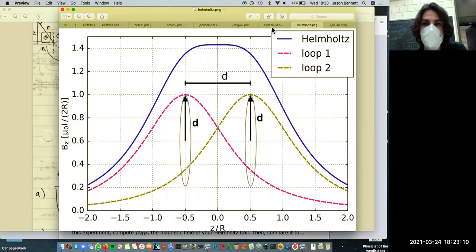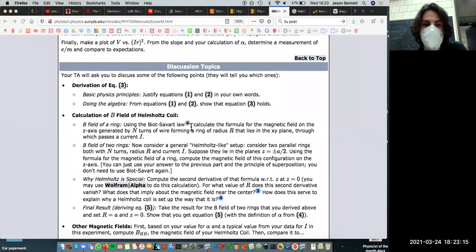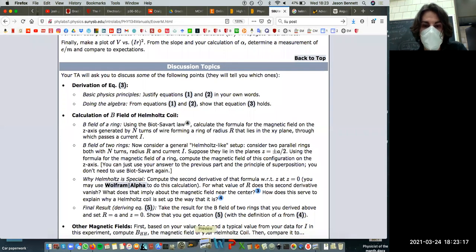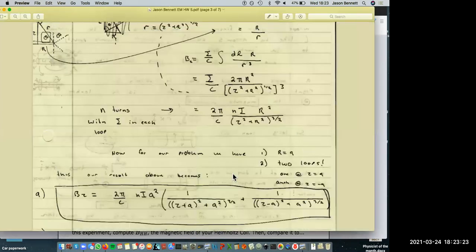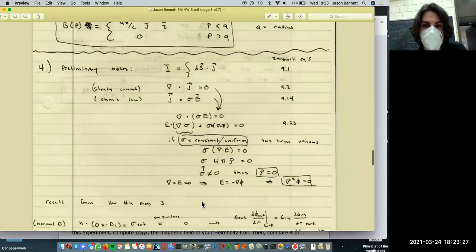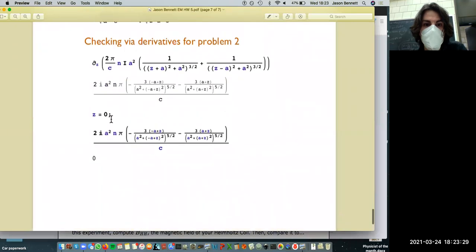And so if you were to look at, for instance, the derivative, this third question here, let me go back to my homework. If you were to look at the derivative of this expression in something called Mathematica, or you can just do it online, when you evaluate it at the exact center of the loop, it's 0.